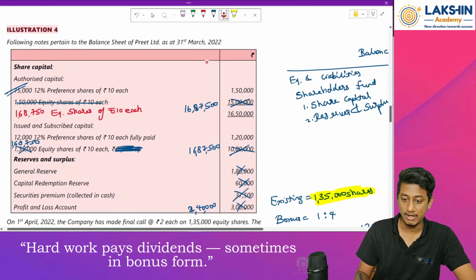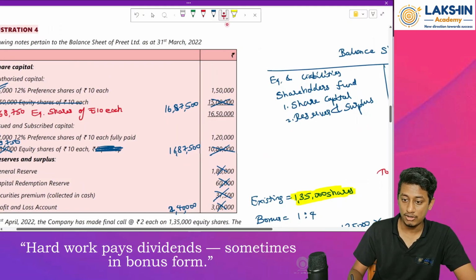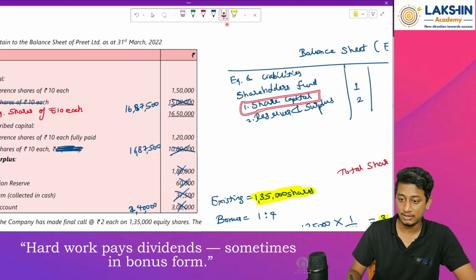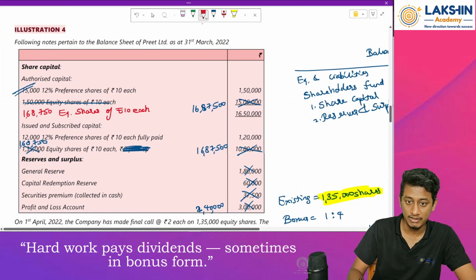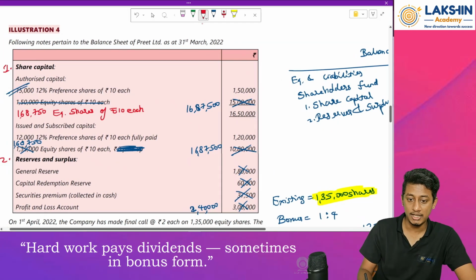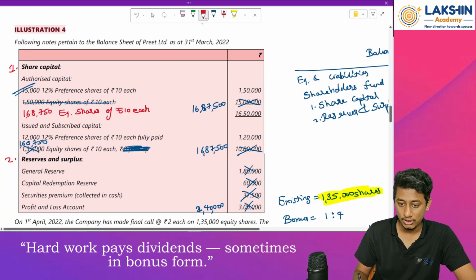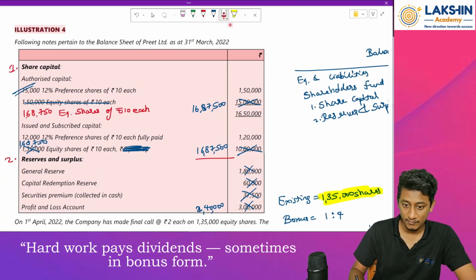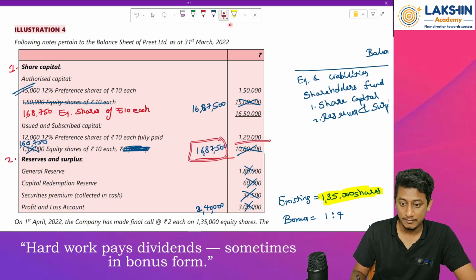So now if I come back over here, what is the total value of my shareholders fund? So capital, note number 1, this is my note number 1, this is my note number 2. Now tell me, what is the value of my total equity capital, my share capital? 16,87,500 plus 1,20,000.